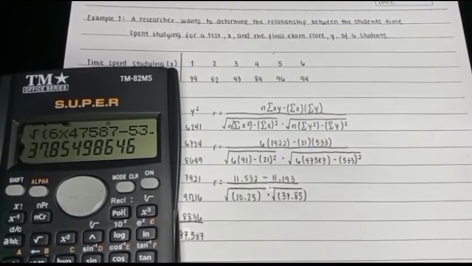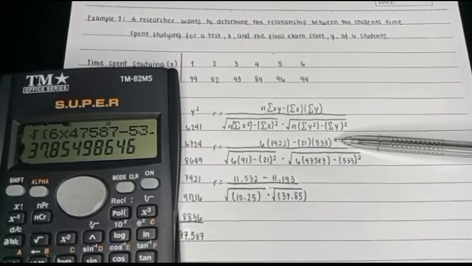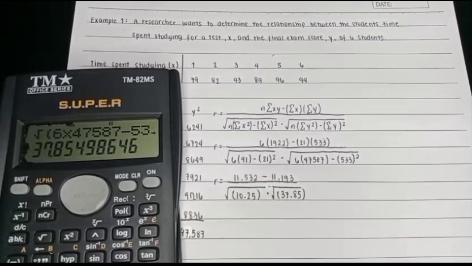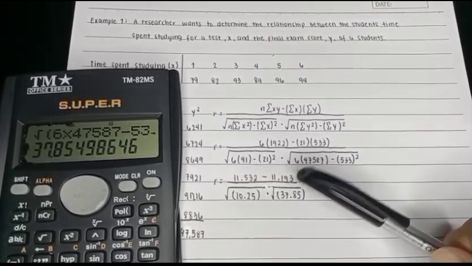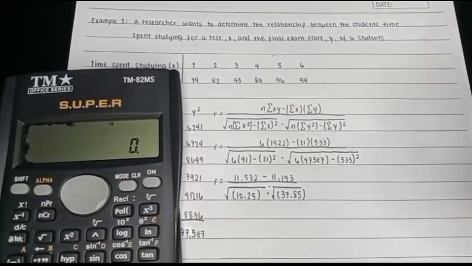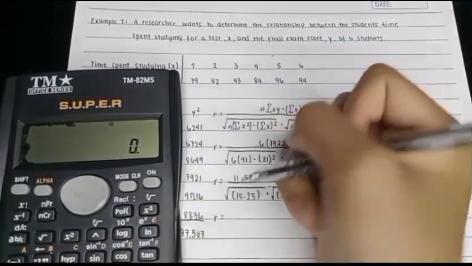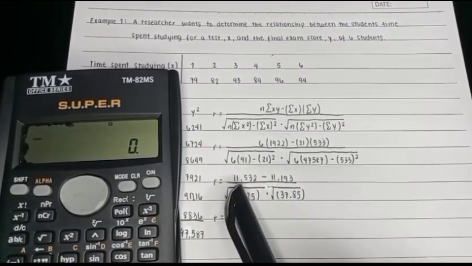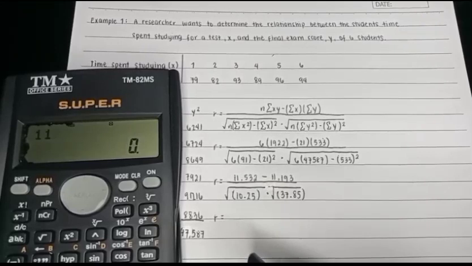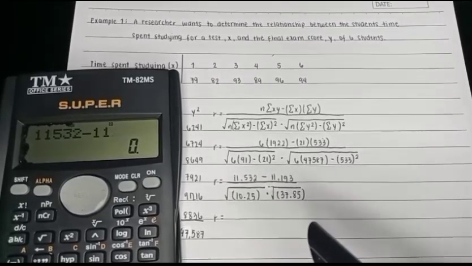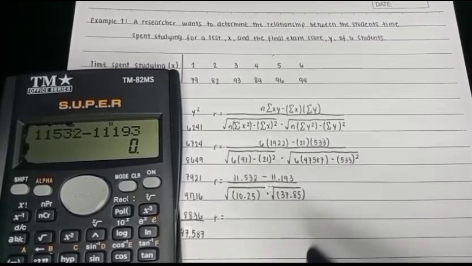So, ayan. Nakuha na natin yung mga value nitong nasa taas at nasa baba. Para makuha ulit natin yung total, unahin muna natin ulit itong nasa taas. Simply minus lang natin itong 11,532 minus 11,193.